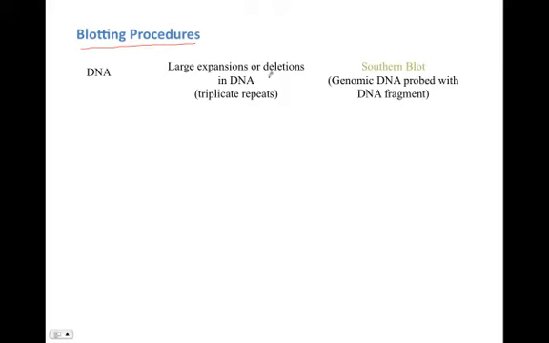Large deletions or expansions are common in triplicate repeat disorders such as Fragile X or Huntington's disease. In the case of Fragile X, a Southern blot is used to identify the presence of triplicate repeat expansions. A Southern blot looks at changes in genomic DNA probed with a DNA fragment.